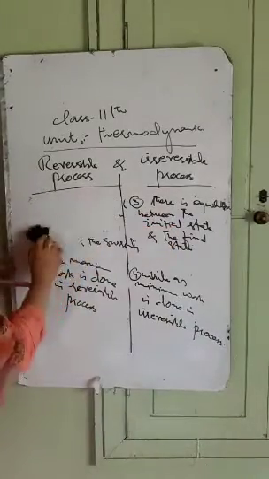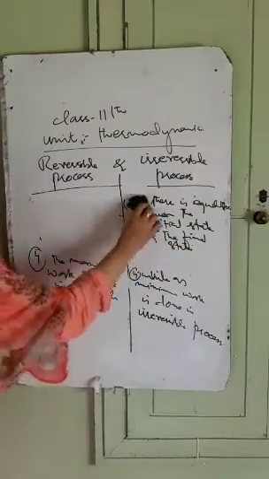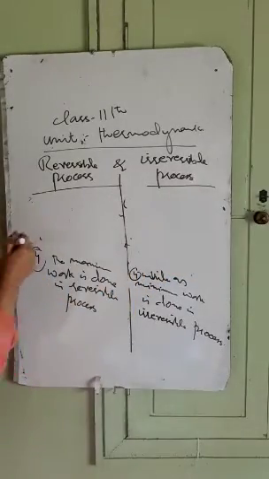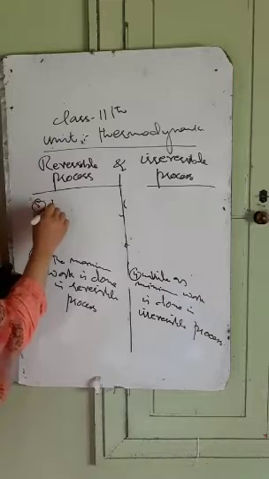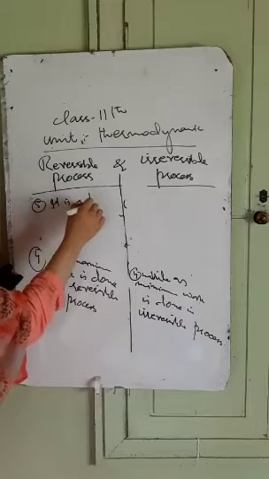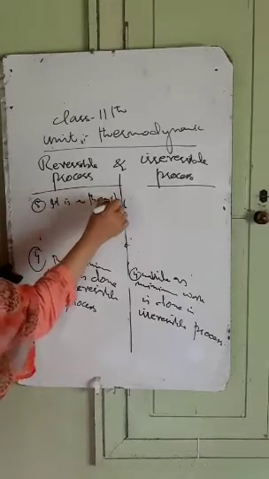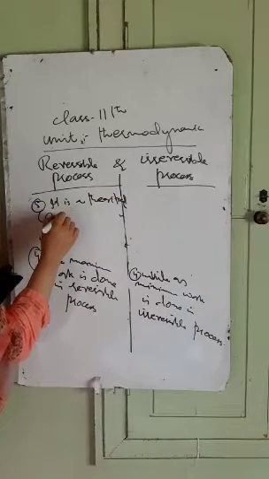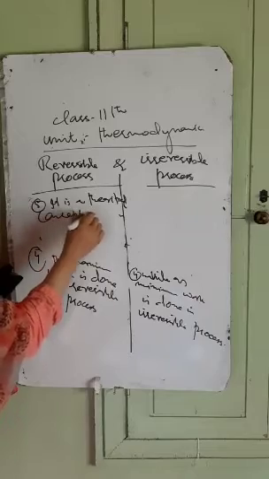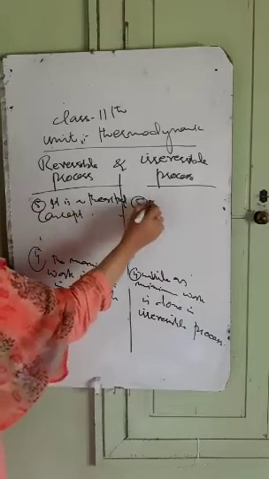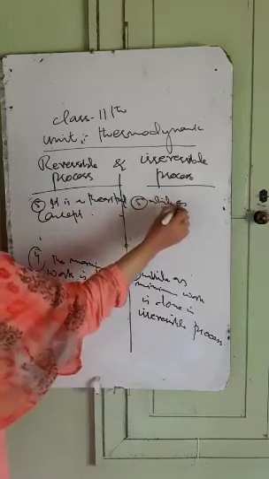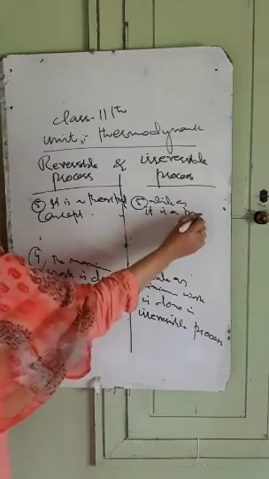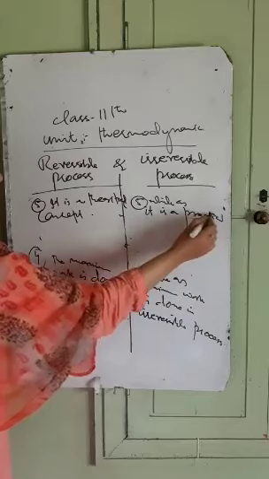5th point of difference between the reversible and irreversible processes is, it is a theoretical concept, while it is a practical phenomenon.